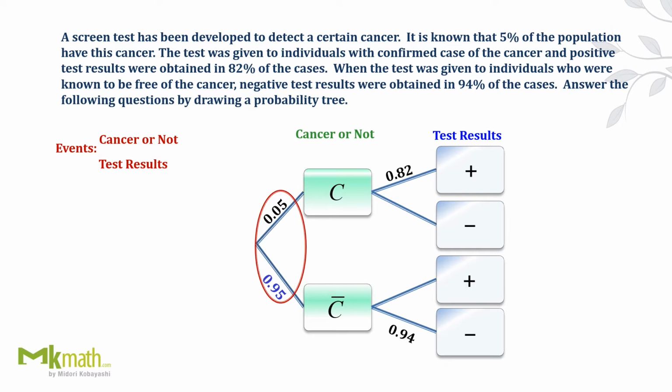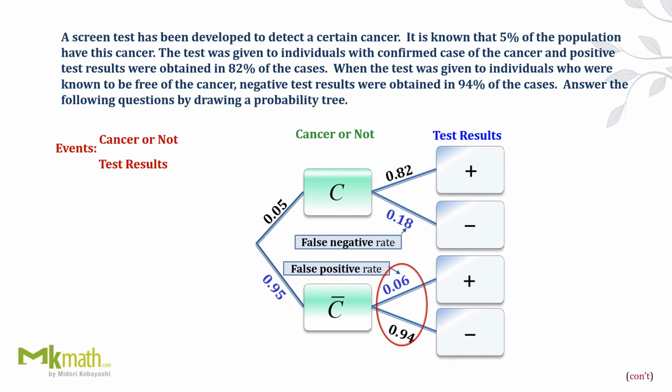In the same manner, place 0.18 on the branch and it is the false negative rate. Likewise, place 0.06 on the branch and it is the false positive rate. Then let's find out the joint probabilities next.